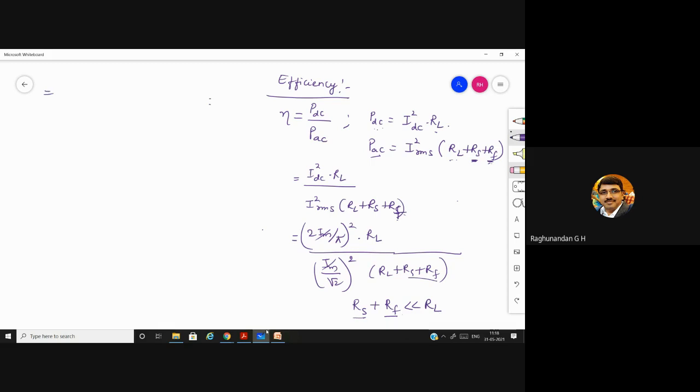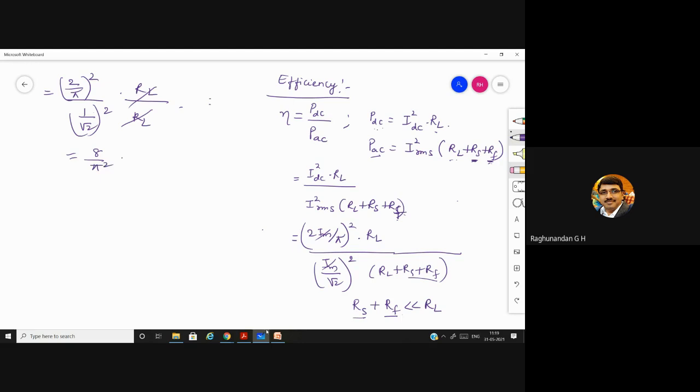So it becomes 2 by pi whole square divided by 1 by root 2 whole square, into RL by RL. So RL gets cancelled, and the remaining thing will be 8 by pi square.